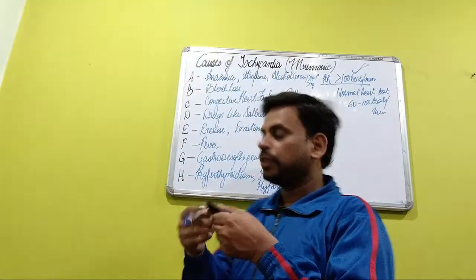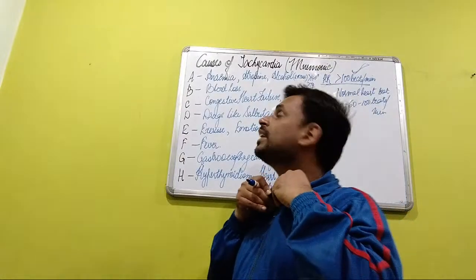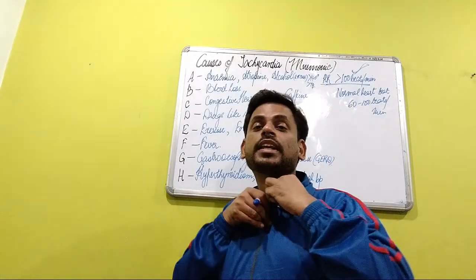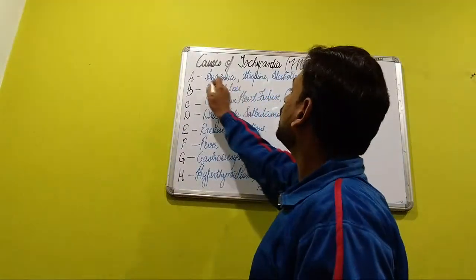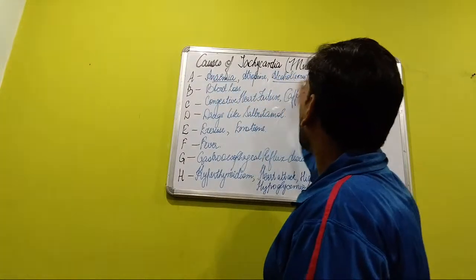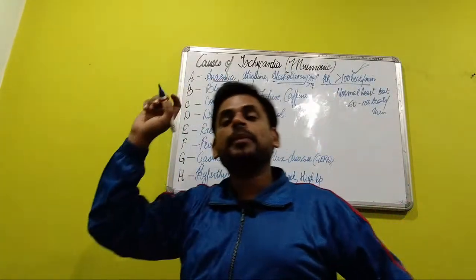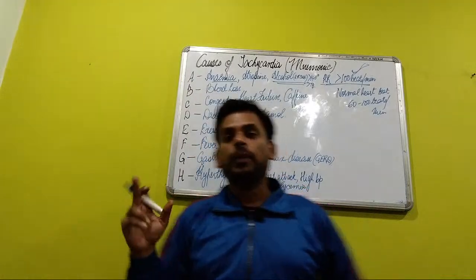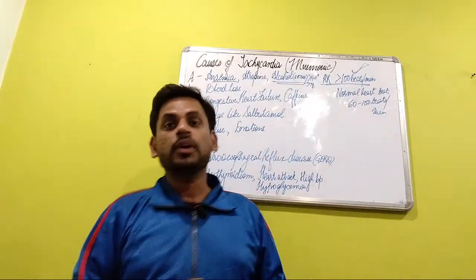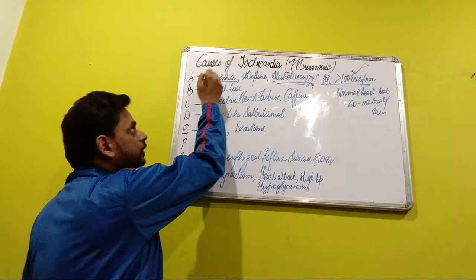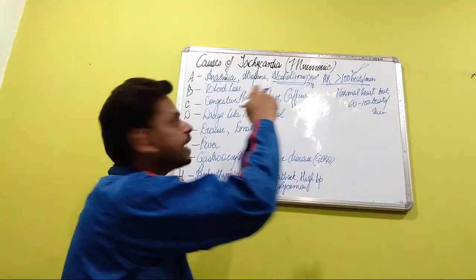Starting with the A of the mnemonic, it is referring to anemia and alcohol excess. Do remember, in conditions of anemia, when the red blood cell count is very low, tachycardia can be seen.